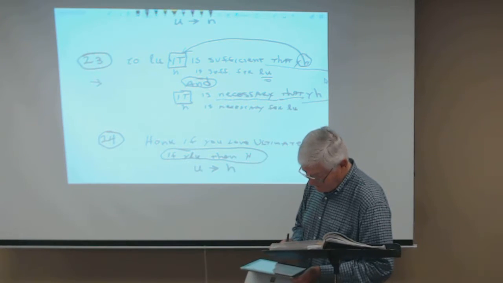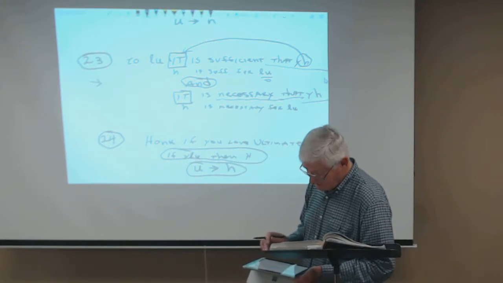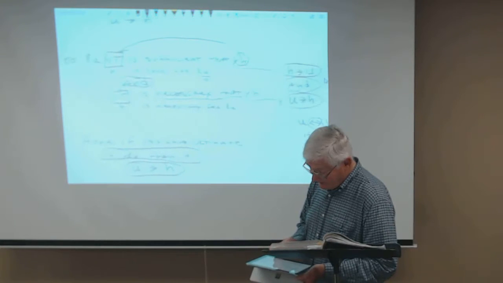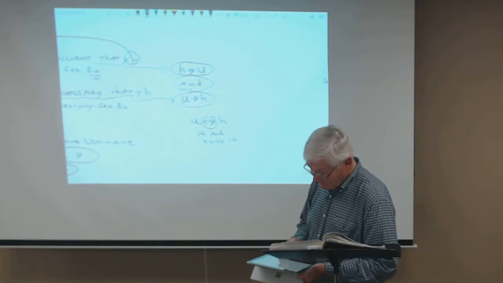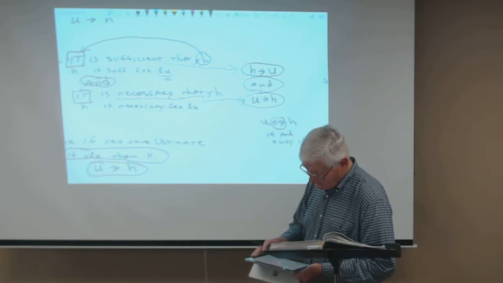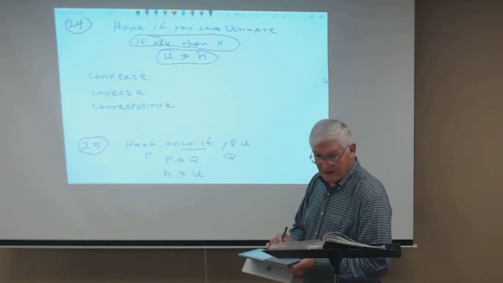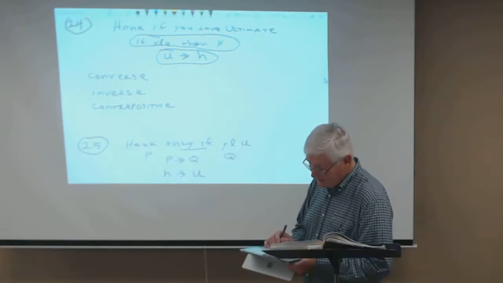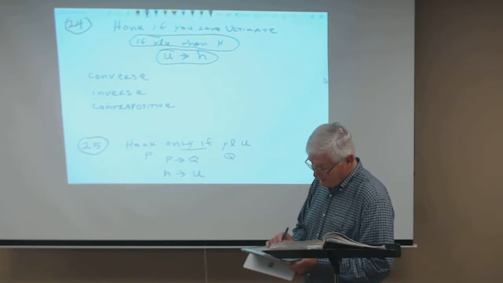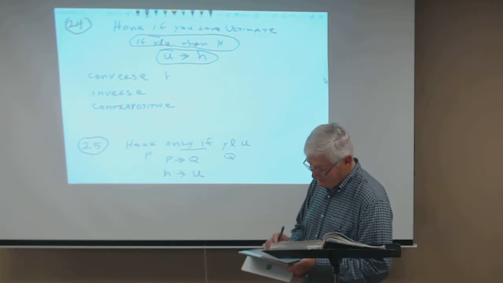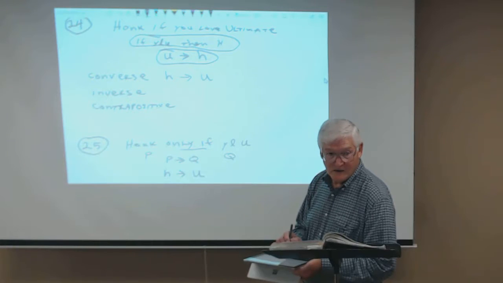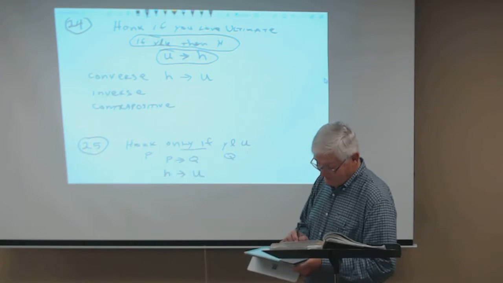So that would be if U, then H. And they want the converse. Okay, you got your chart in front of you? What's the converse of if U, then H? If H, then U. Agreed? Got it?